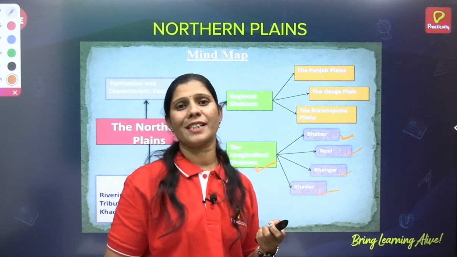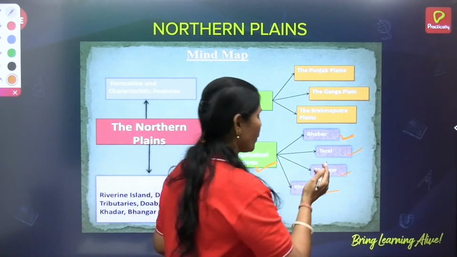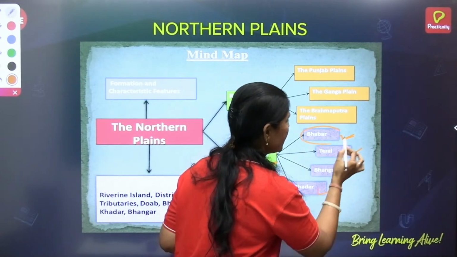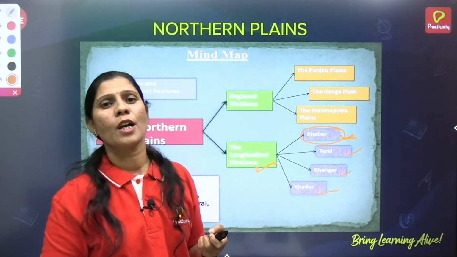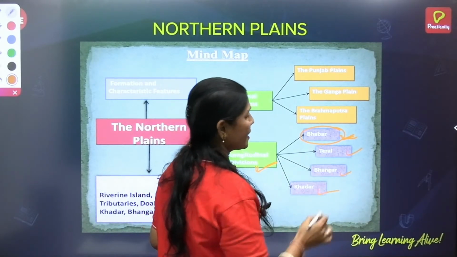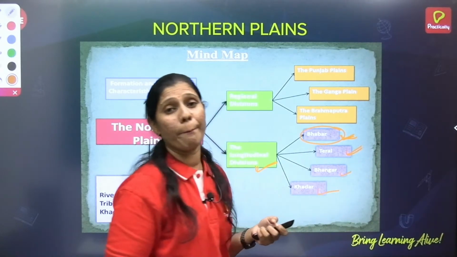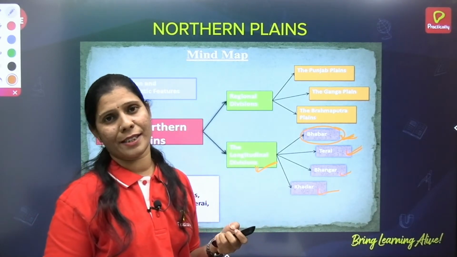Babar is a landform where the river, when flowing from the higher regions to the lower areas, carries pebbles, silt and all. The place with pebbled, stony areas where the water percolates, we consider as Babar. And Therai is the marshy and swampy land we find at the foot of Himalayas.